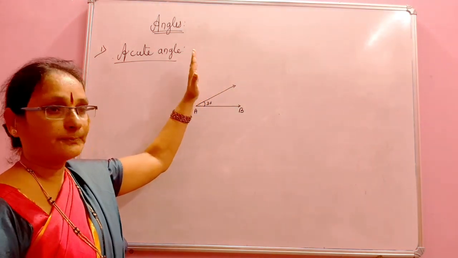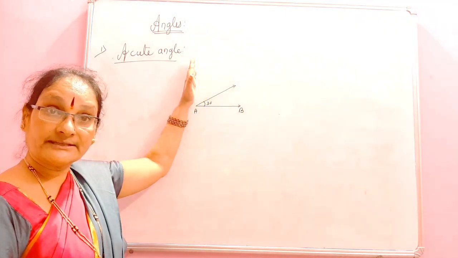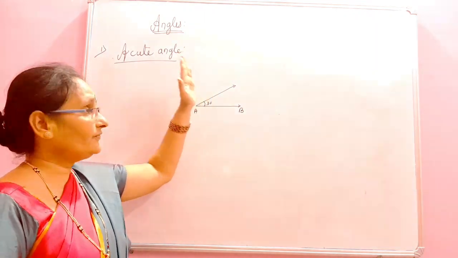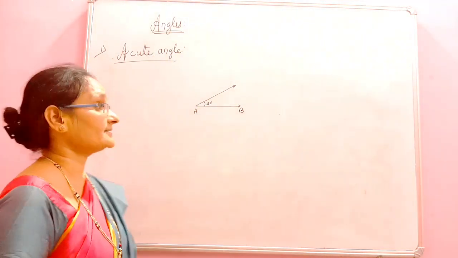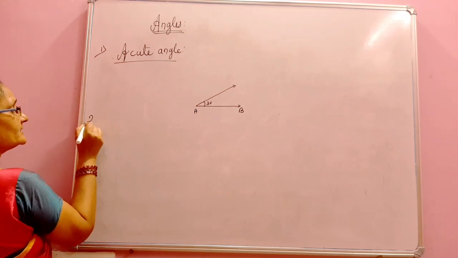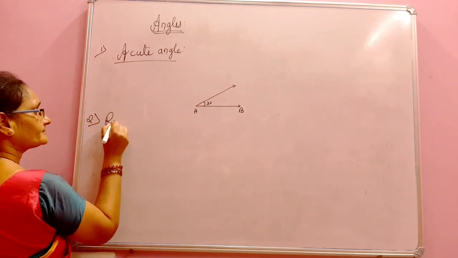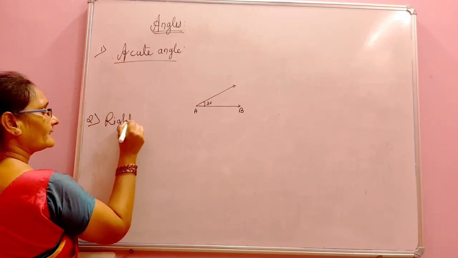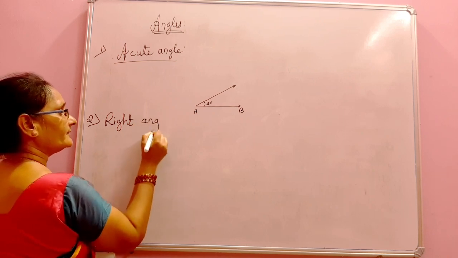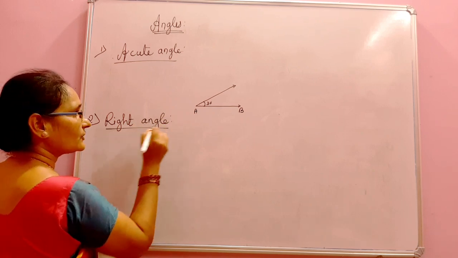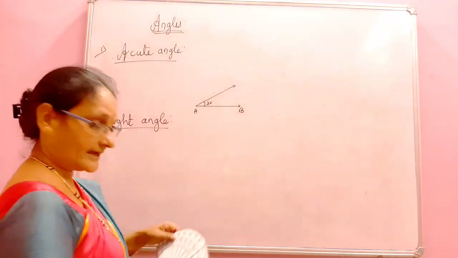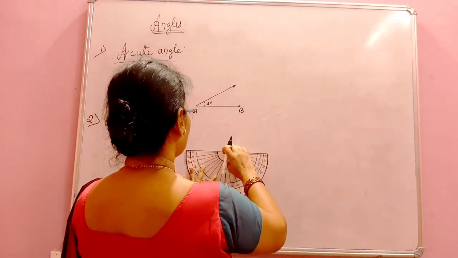10, 20, 30, 40 up to 89 degrees are acute angles. If it is 90 degrees, that is called a right angle. How do we draw that right angle?